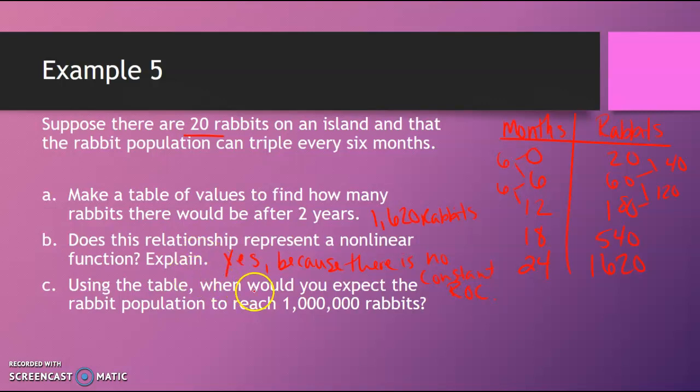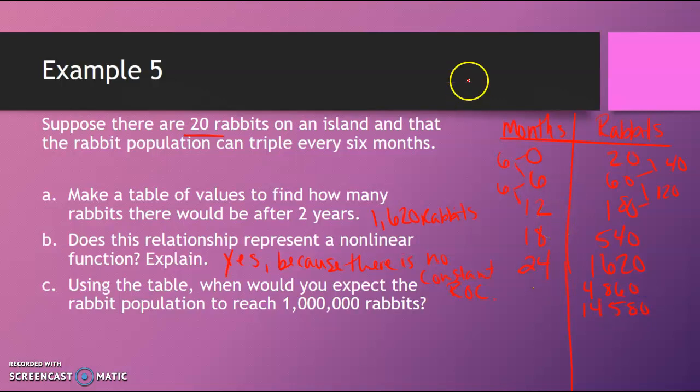Now we're going to use the table, and when would we expect the rabbit population to reach, is that 1,000,000 rabbits, right? 1,000,000, yep, million. So I'm going to take that 1620 times 3, and now I am at 4,860. I'm going to take that times 3, and we're now at 14,580.